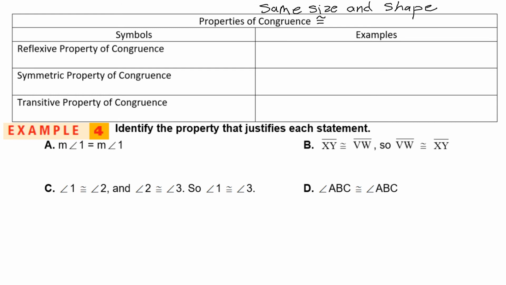So, reflexive, symmetric, and transitive properties of congruence. Same thing as your properties of equality, but we have congruent sign instead of an equal sign. So when you shorthand this, make sure that you put a congruent sign afterwards instead of an equal sign.